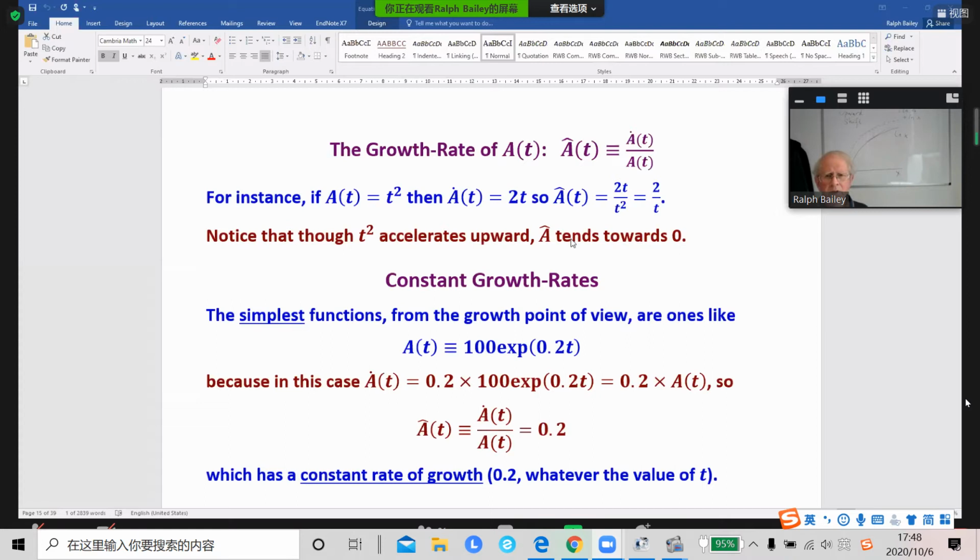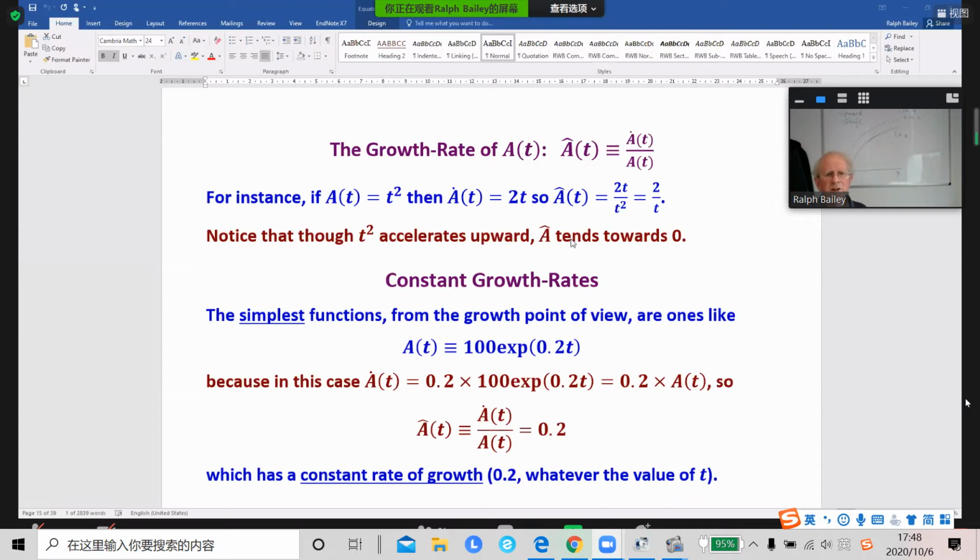But actually its growth rate is 2 over t: dt squared by dt divided by A, which is t squared, gives 2 over t. And as t gets large, the growth rate becomes very small, which seems counterintuitive.